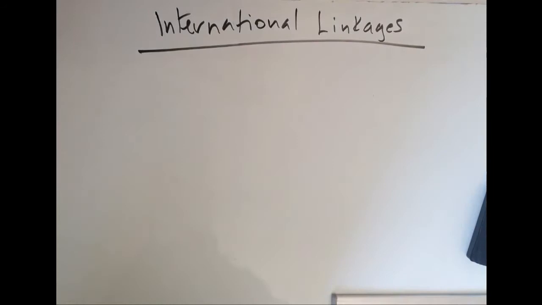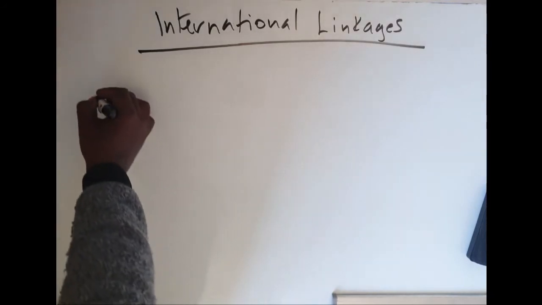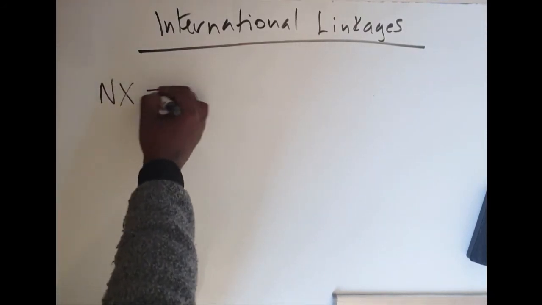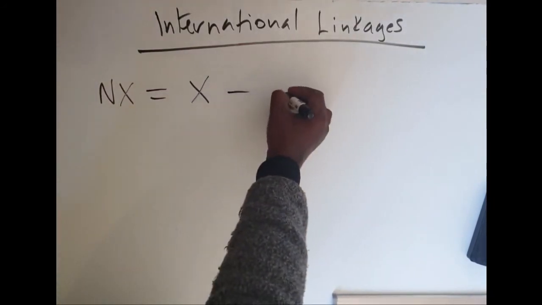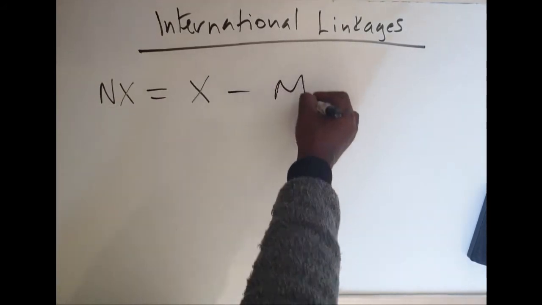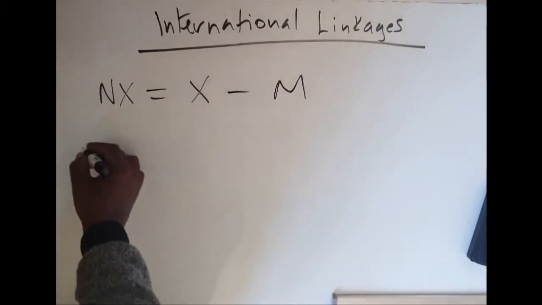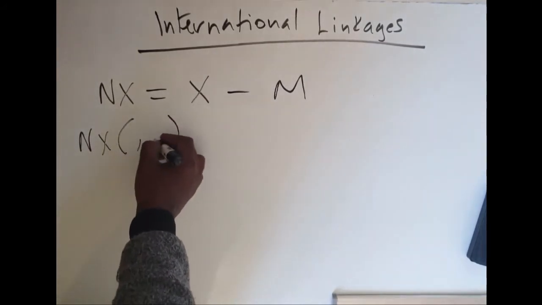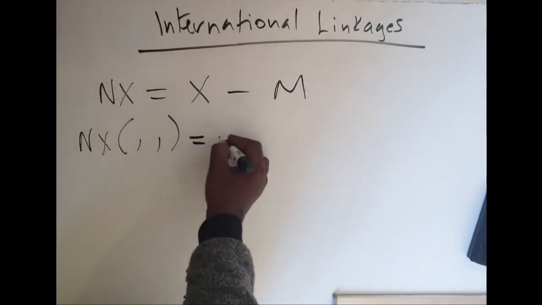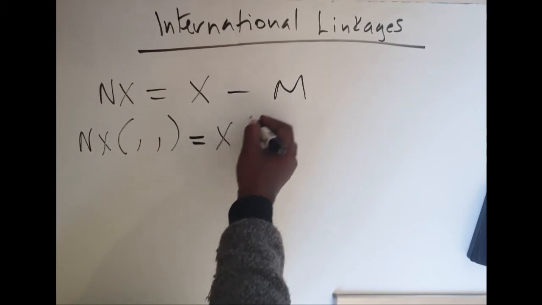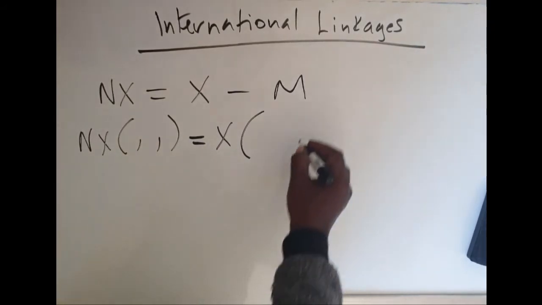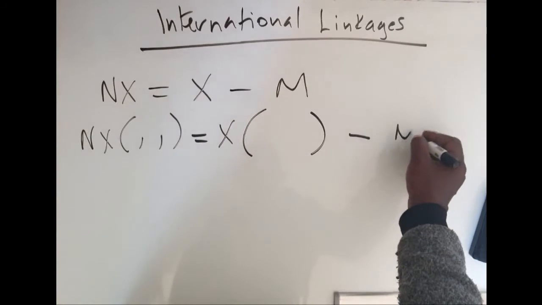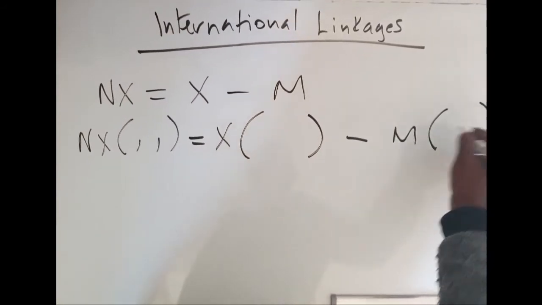So, when we try to look at factors that affect net exports, we're saying net exports is the difference between exports and imports. So now, if we want to know the factors that affect net exports, then we have to know the factors that affect exports and the factors that affect imports.